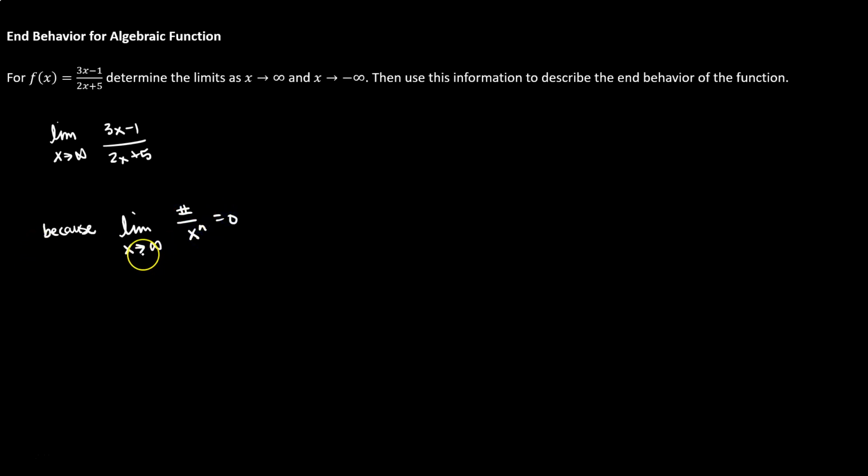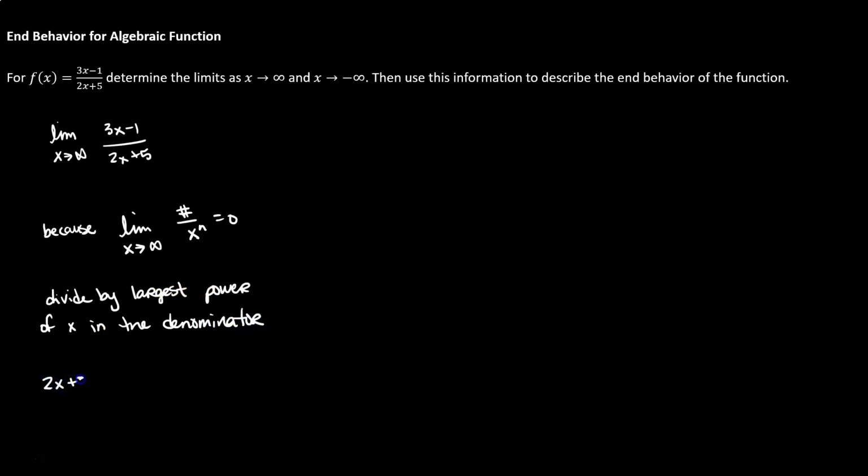Because we know that the limit where x goes to infinity of a constant over x to some power gives us 0, we're going to force that to happen in our function. To force that to happen, we're going to look in the denominator.